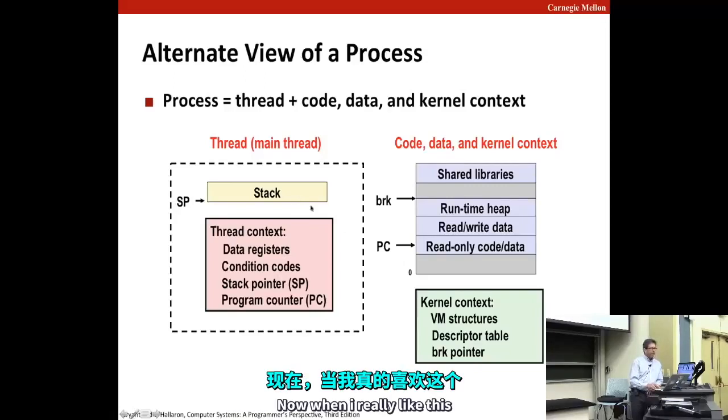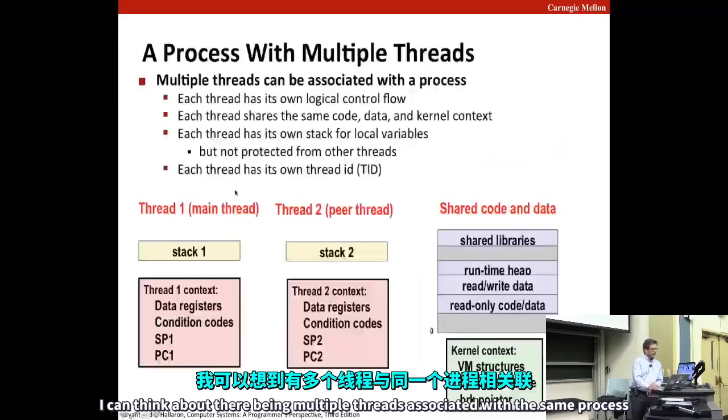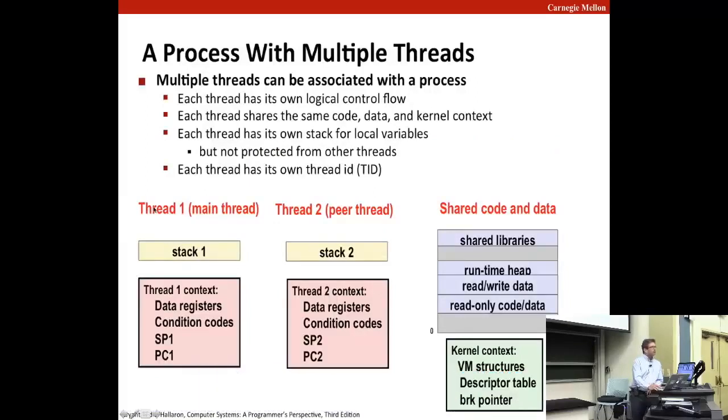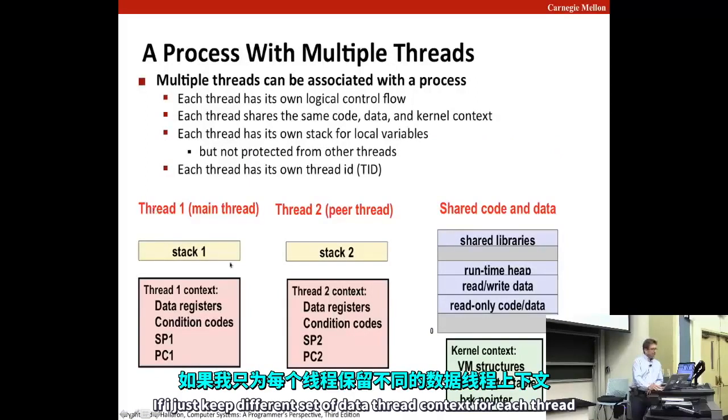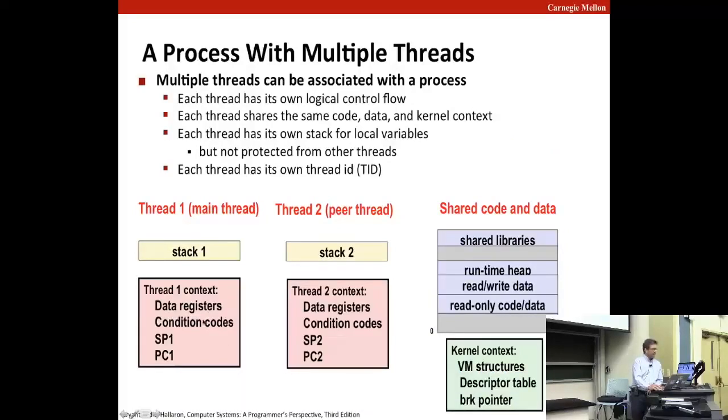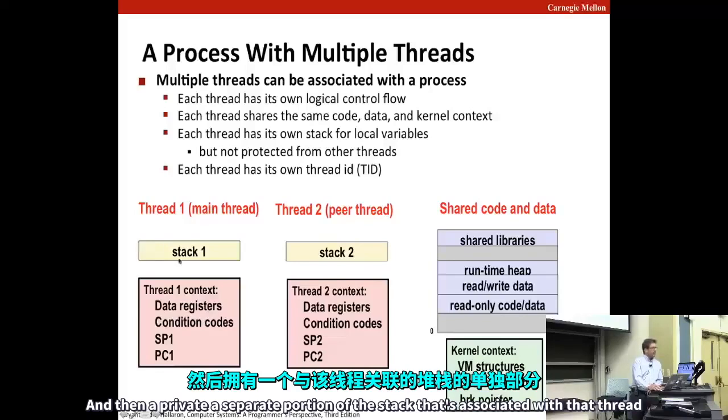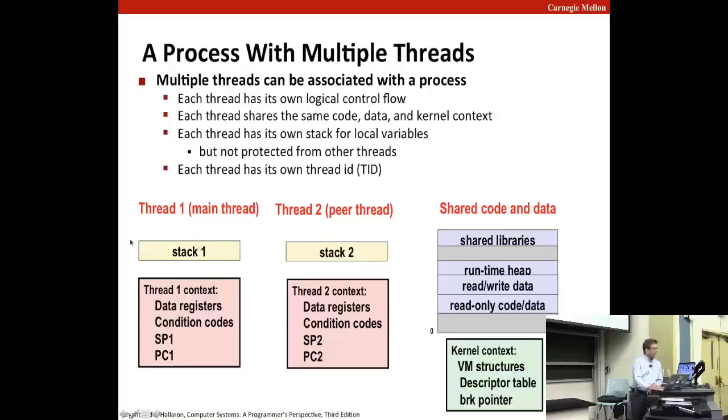Now I can think about there being multiple threads associated with the same process, if I keep a different thread context for each thread, and a separate portion of the stack associated with that thread.